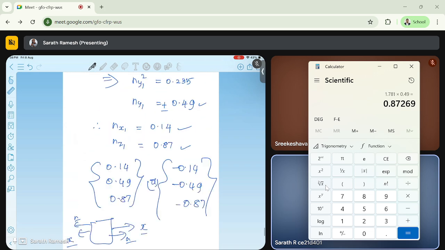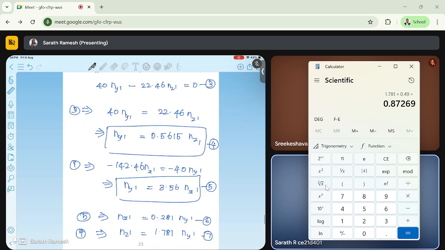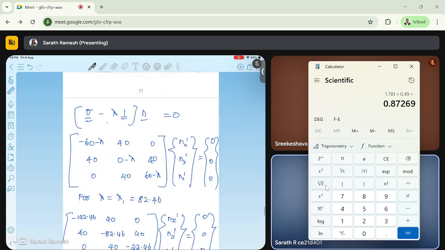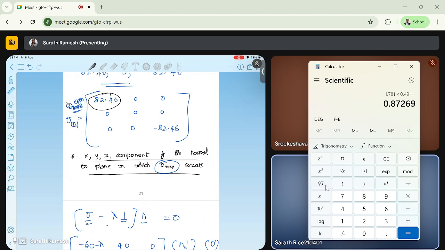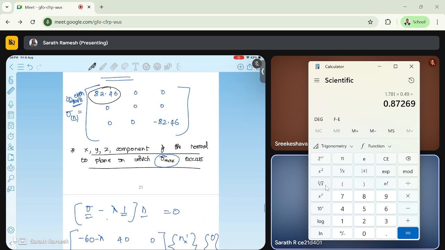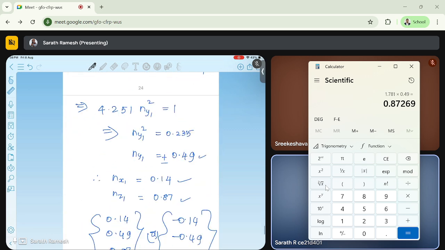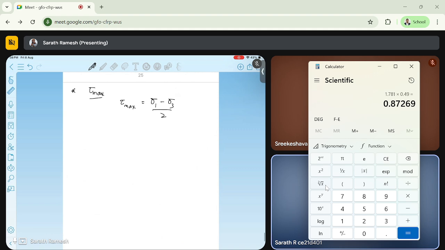So here, sigma 2 is 0, so I know it is sigma 1 minus sigma 3 by 2. No need to do all these things. So directly we can write 82.46, minus of minus will become plus, 82.46 by 2. This is my tau max.